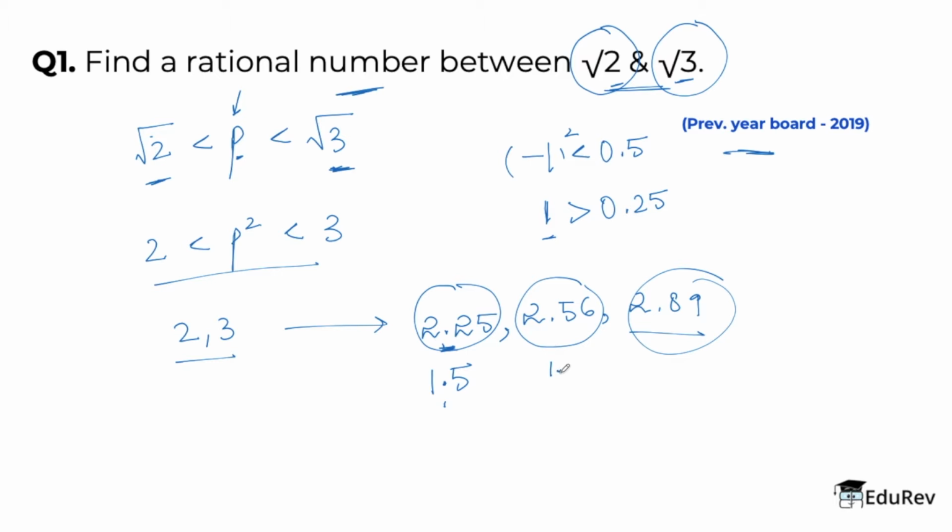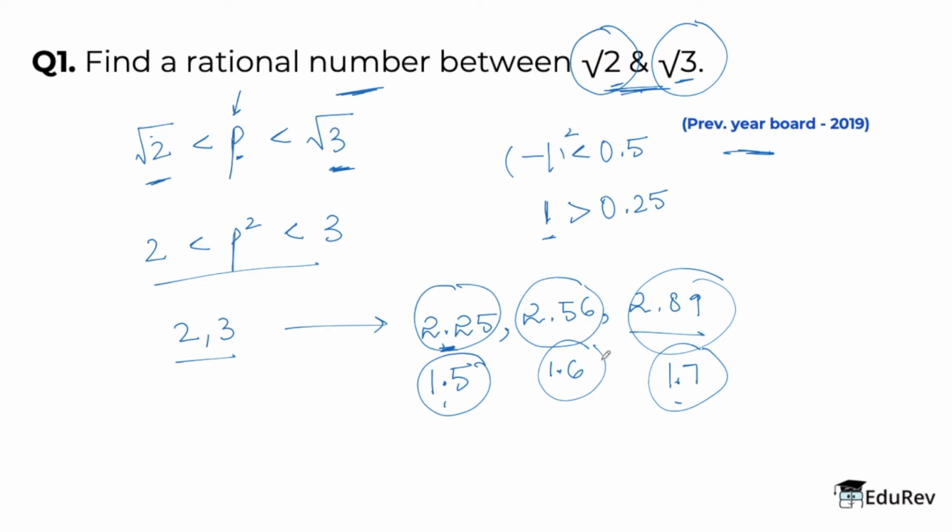Similarly, 1.6 squared is 2.56, so the square root of 2.56 is 1.6. And the square of 1.7 is 2.89, so the square root of 2.89 is 1.7. So the rational numbers that lie between root 2 and root 3, which I can easily find, are 1.5, 1.6 and 1.7.